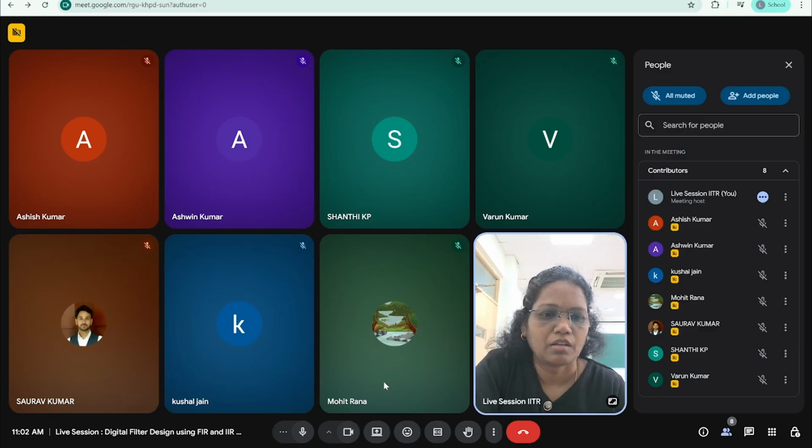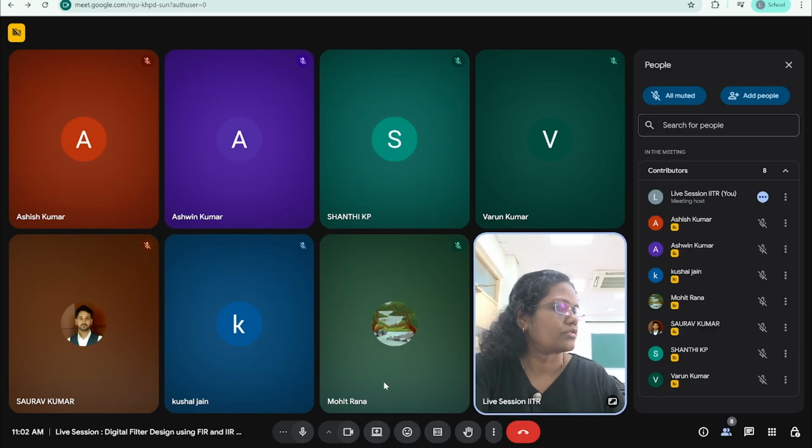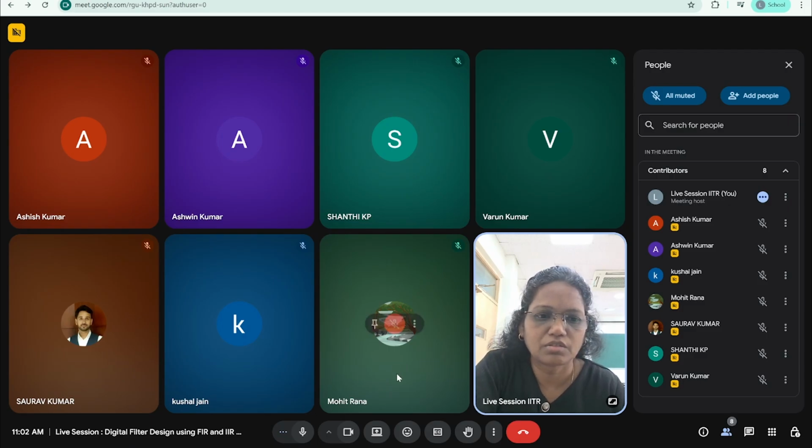Okay. So the questions on the assignment related to these filters. Are you facing any problems to solve the assignment questions? A few questions, one is on fixed point and floating point representation.